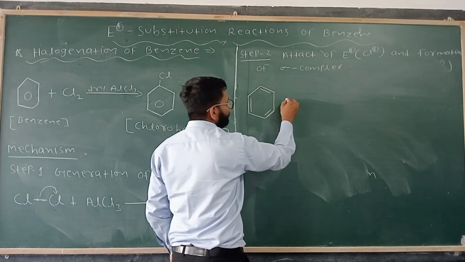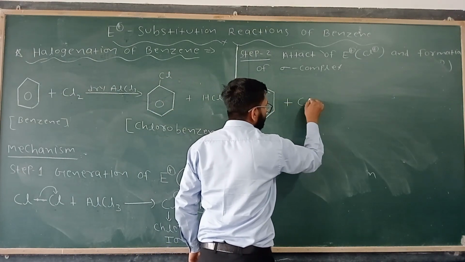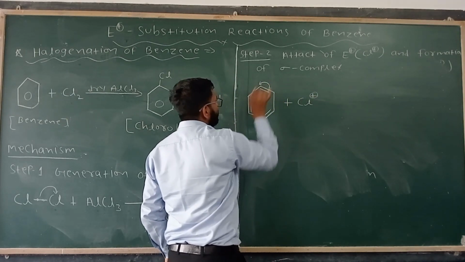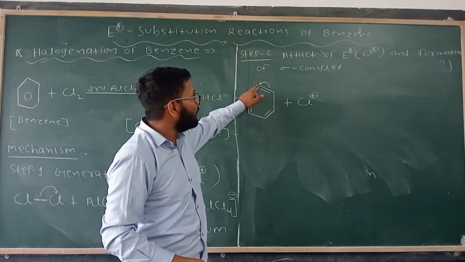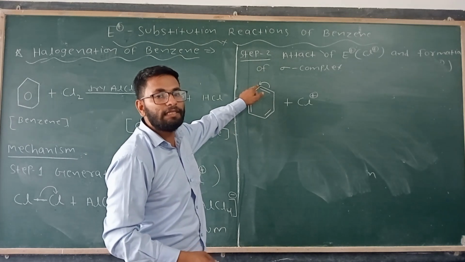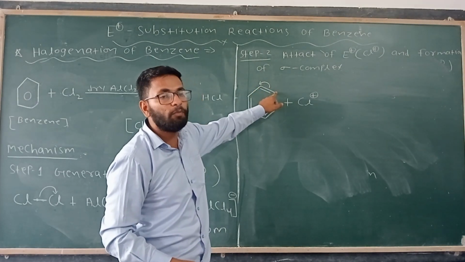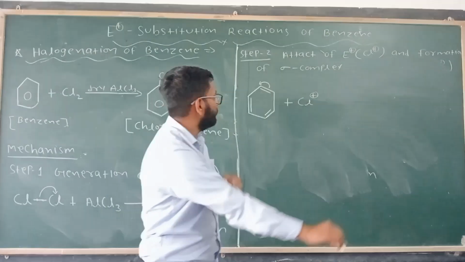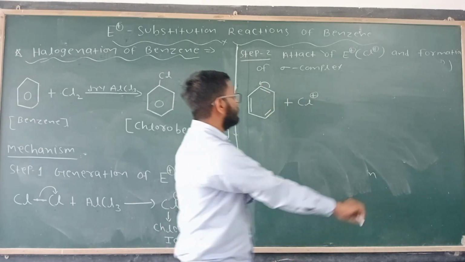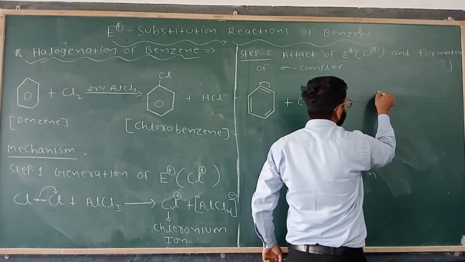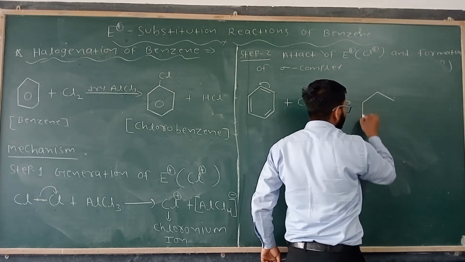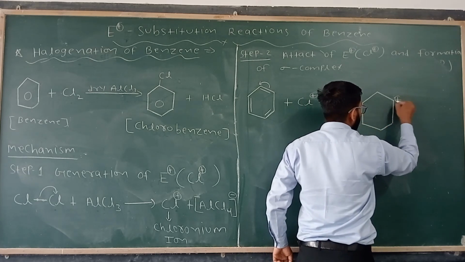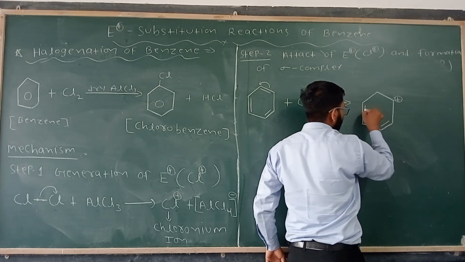So I can say now here is chlorine Cl plus. This pi bond shifts towards this. Then this carbon acquires a negative charge and this carbon acquires a positive charge. Plus attracts towards the negative charge, so it attacks on this carbon and we get this type of structure.